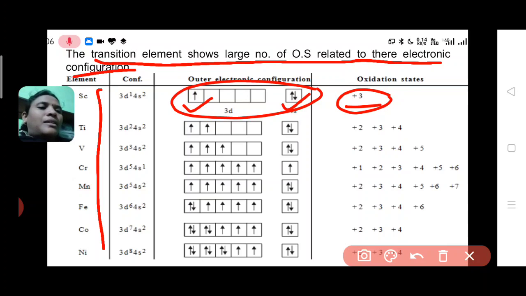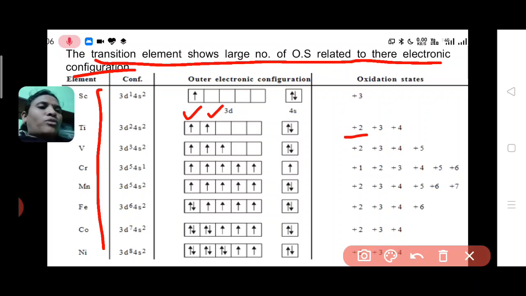Titanium can lose 1 electron or 2 electrons, so it can acquire +2 oxidation state also. If we first consider the electrons of the 4s orbital, when titanium loses 2 electrons, it can acquire +2 oxidation state.